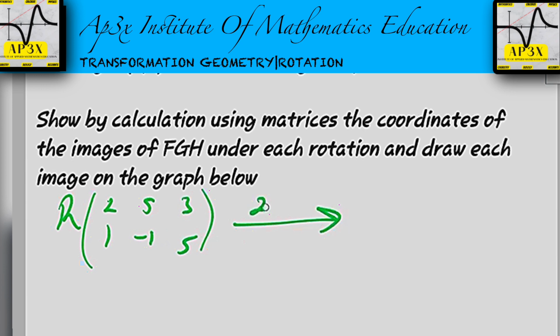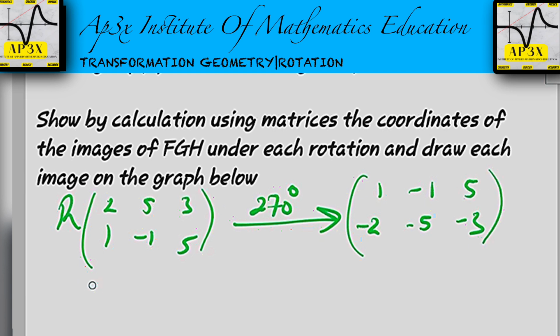Sending that through 270 degrees will produce the result of a flip and the X changes. So the 2 is going to go down and change. The 1 is going to come up and remain. The 5 is going to go down and change. The negative 1 is going to go up and remain. And the 3 is going to come down and change. The 5 is going to come up and remain.